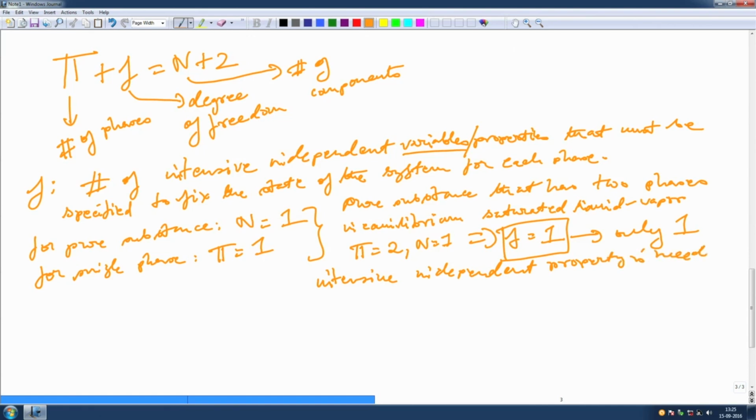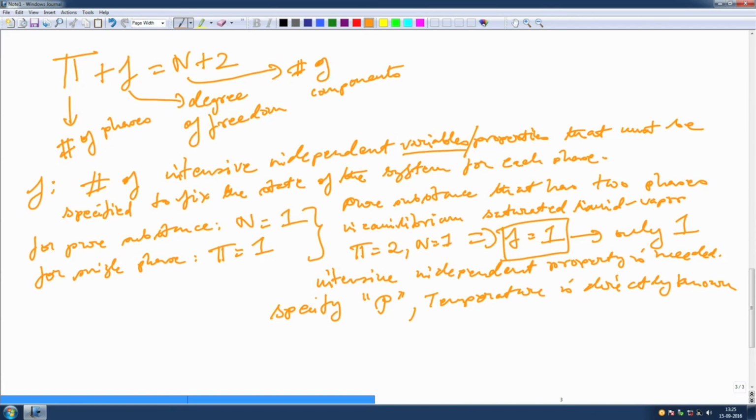This would imply that for such a system, if you specify P, which is basically the pressure, the temperature is directly known. Right?